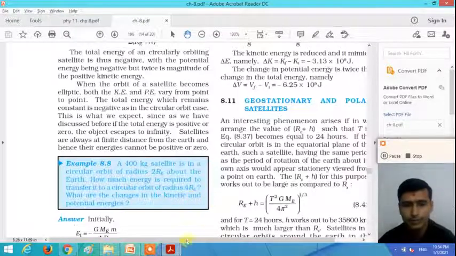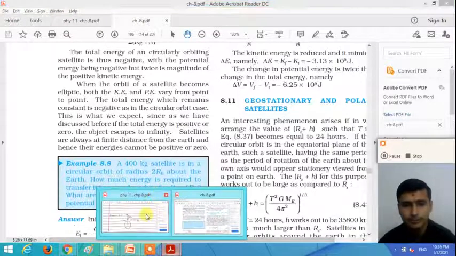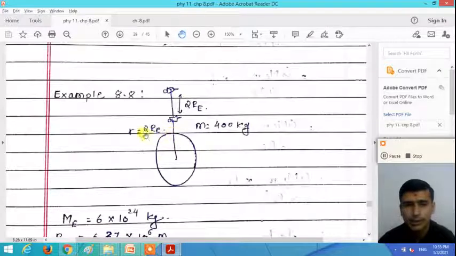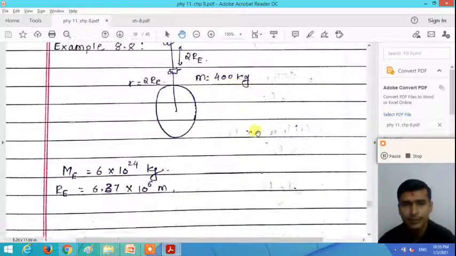Now let us see the solution of this example. So here the satellite is revolving around the earth at a distance r equal to 2RE, right? So here the mass of the satellite small m is 400 kg, right?